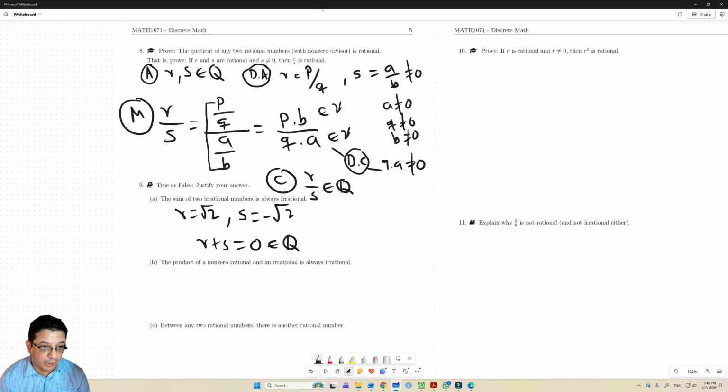The product of a non-zero rational and an irrational is always going to be an irrational. This is true, and this was actually something that we're going to prove later, once we have the proof that the square root of 2 or square root of 3 is an irrational.